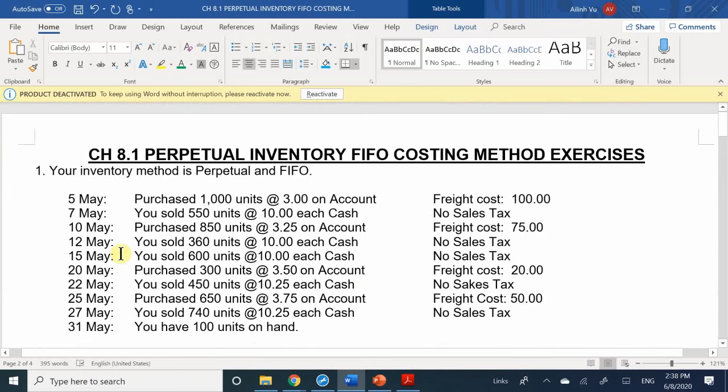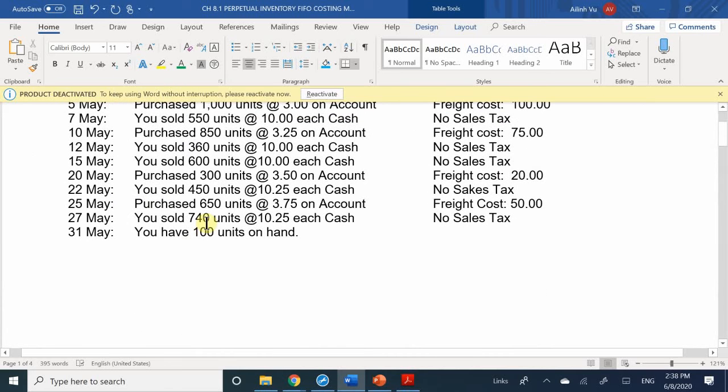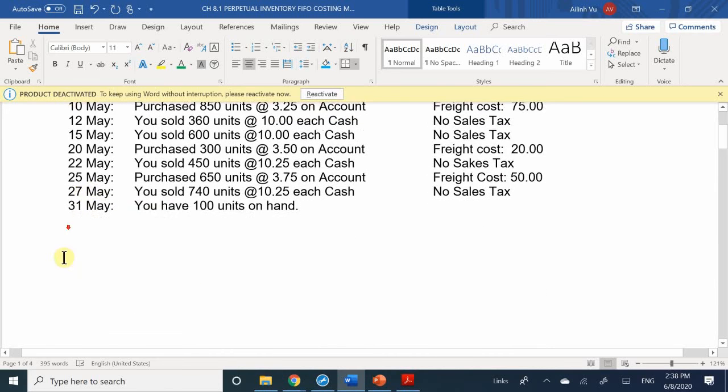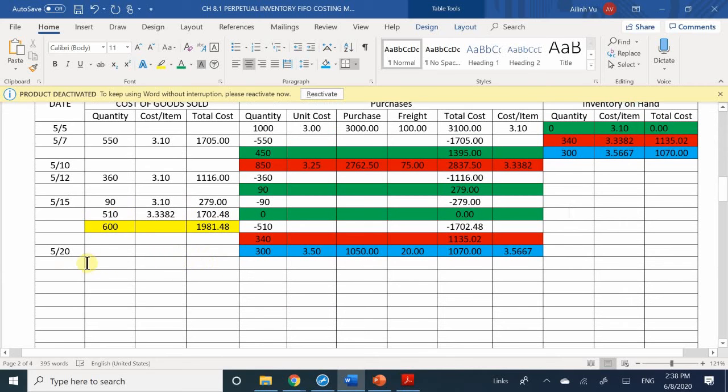So yes, we definitely have enough to cover 450. Okay, hold on. Let's see what date we had it on. 22nd of May. So here I'm going to indicate 22nd of May, and we sold 450 units. Now, let's look at our batches again. Does the second batch, the red batch, have enough to cover 450?